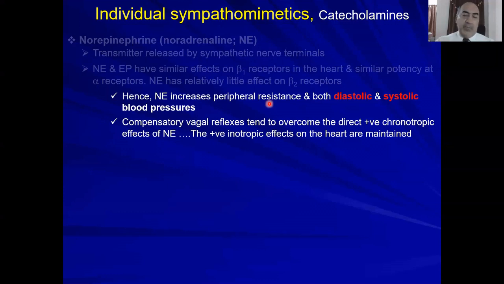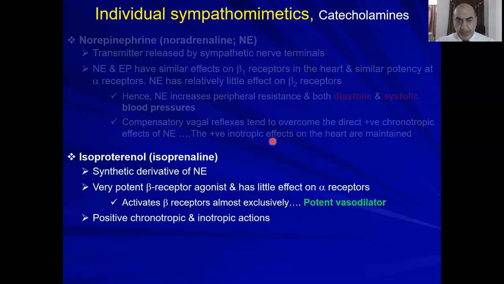Here there is no or only a mild effect on beta-2, so both diastolic and systolic blood pressure will increase. However, heart rate may decrease because of some reflex bradycardia, but the positive inotropic effect will be maintained.